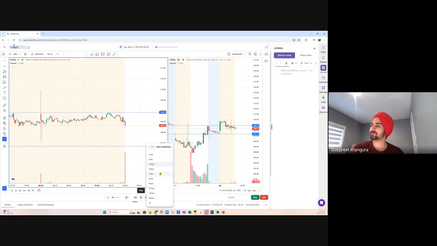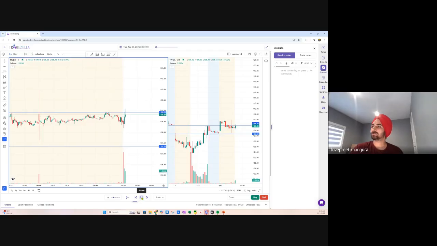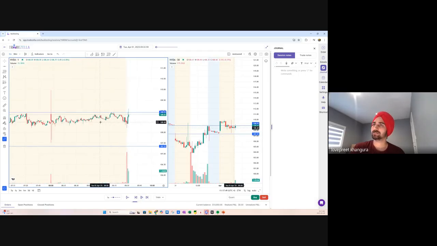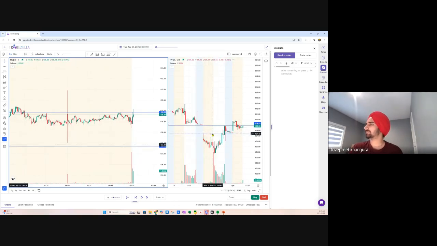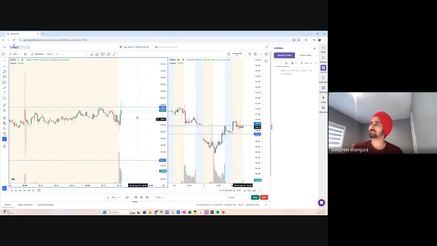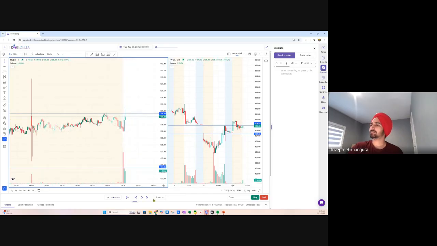And if I go for a minute, then I'll go for the candle closing part. So this candle was closed over here. And let's see if we get any entry from here. If it gets the breakout.